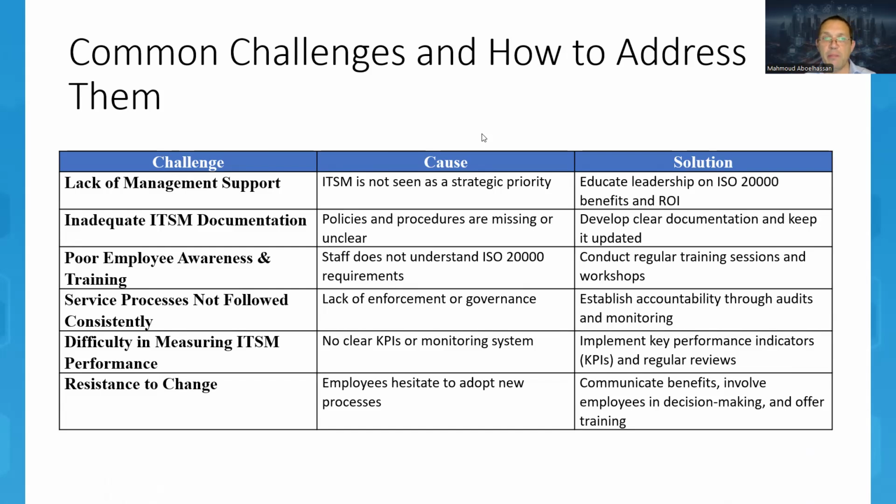This training will help you to have your staff engaged and fully aware of ISO 20000. Another challenge is service processes not followed consistently, because of a lack of enforcement or IT governance. You will need to establish accountability through regular audits and monitoring of the ISO 20000 processes.